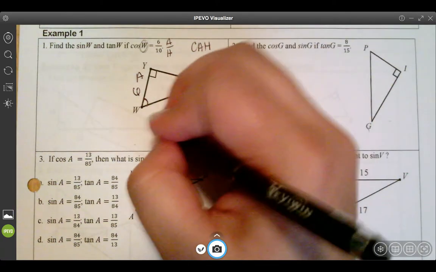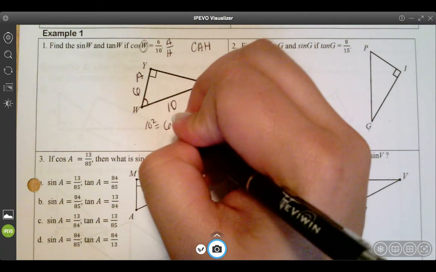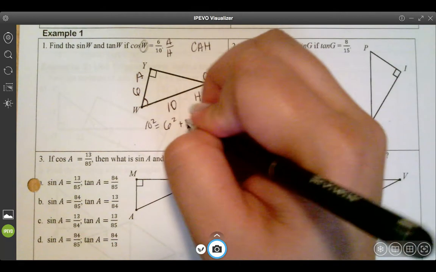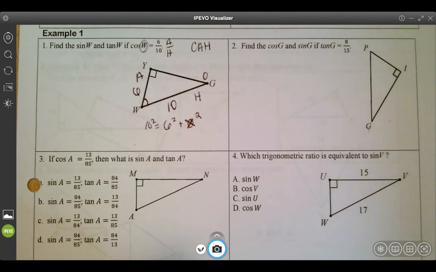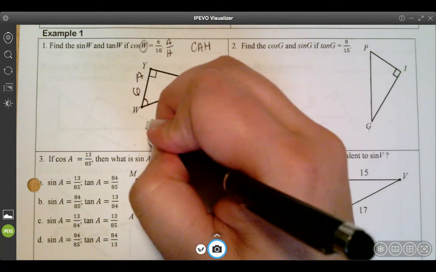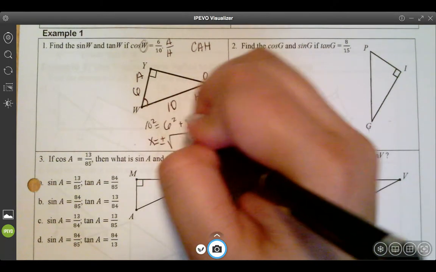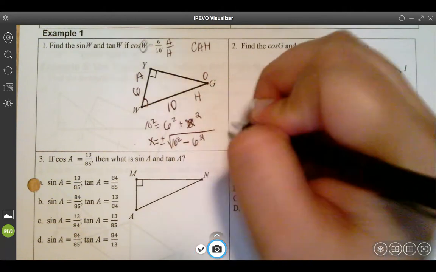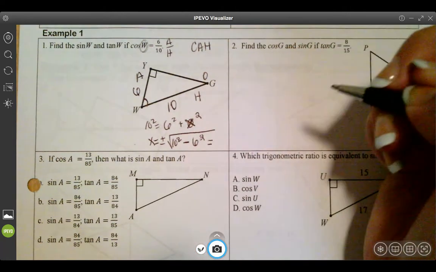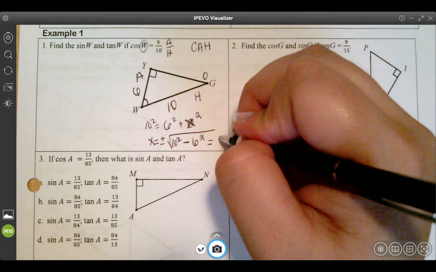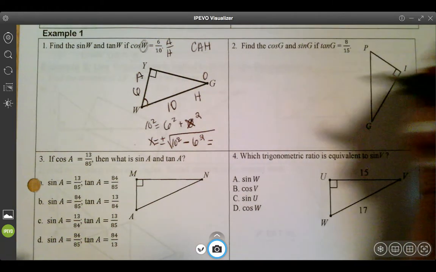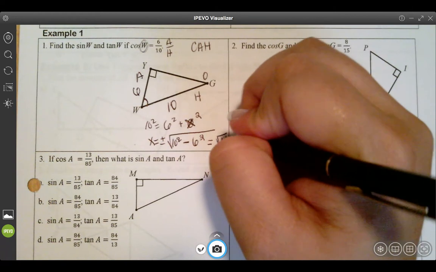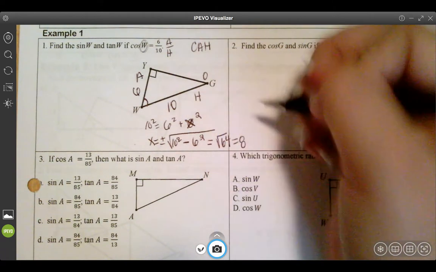So we would need to do 10 squared equals 6 squared plus, let me use a different letter, x, so we don't think it's a 0, squared. So x equals plus or minus the square root of 10 squared minus 6 squared, which gives us 100 minus 36 is 64, which is 8.